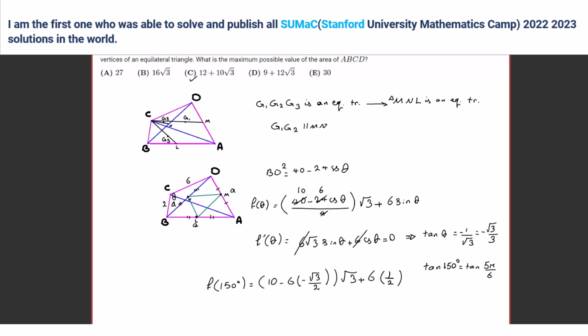Exactly. Okay, so it will be 10 root 3 plus 9 plus 3. Sorry, 10 root 3 plus 9 plus 6. So it would be 12 plus 10 root 3. Okay, choice C. Good job.